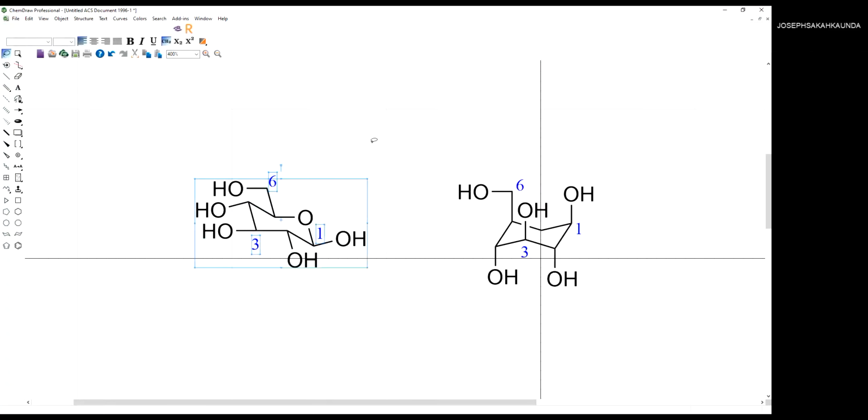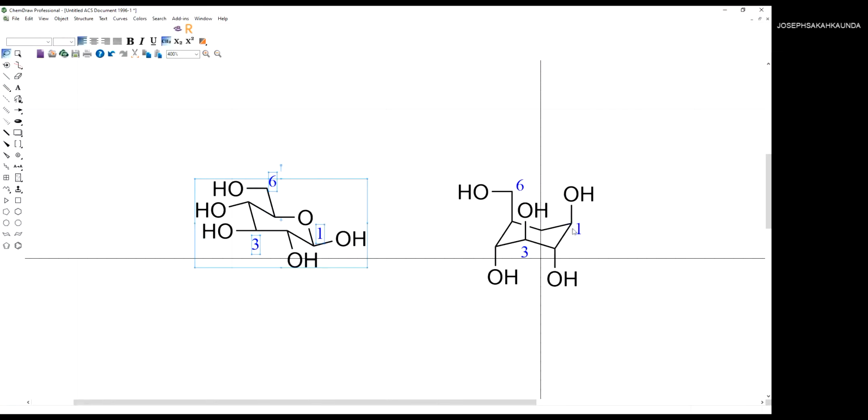It takes this form. This one, proton number 1, the chemical shift, the J value is very, very small, around 2. When you see that, you automatically know that this one is the 1C4 form of the chair conformation.